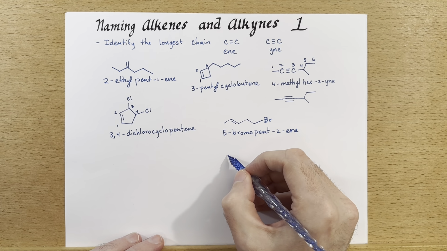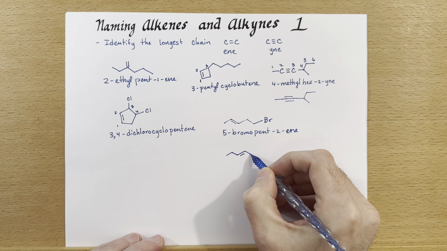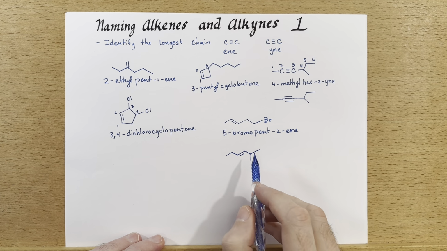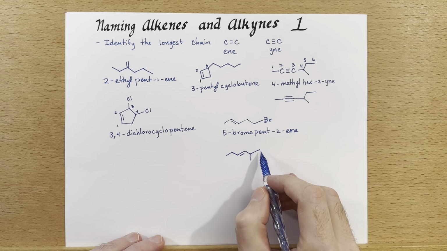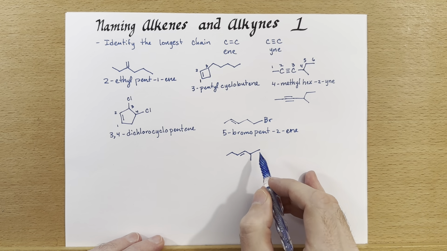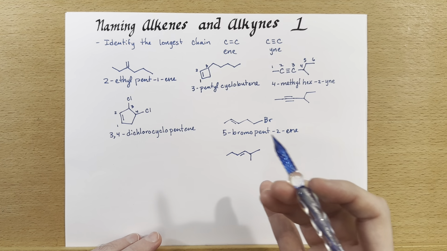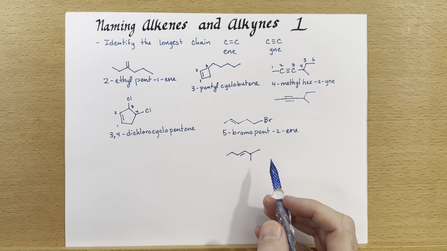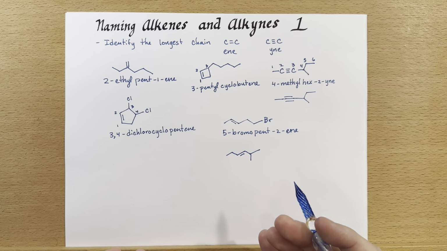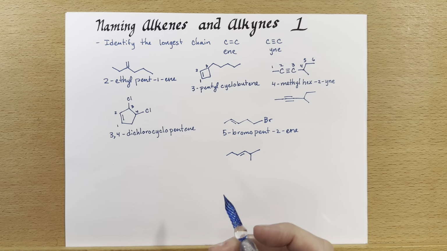Now, what happens if we have a molecule like so? And in this case, if we start counting 1, 2, 3, that's the same as 1, 2, 3, because the double bond is right in the middle of the chain. Well, in that case, then we use our other rules from alkanes and other substituents to break the tie.